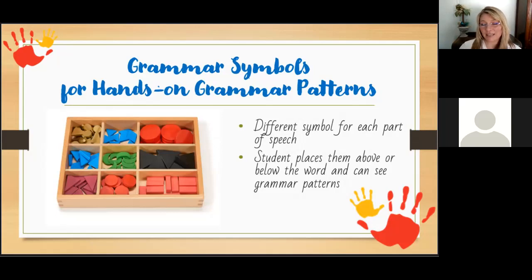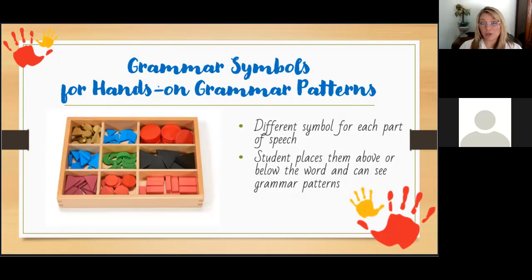The preposition is that green crescent shape. It also gives you the feeling of linking two words with that swoop. And then the conjunction is the little pink rectangle, and the interjection is that bold key shape. Students can place those either above or below the words, and they'll actually be able to see the grammar patterns as they are placing those grammar shapes.